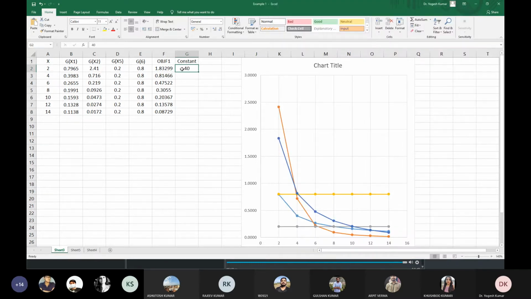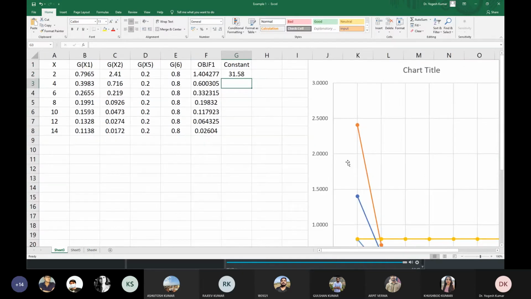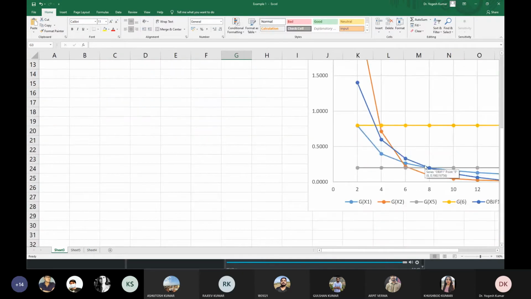Let me put it here. You can see the curve is exactly passing through this point C, which was represented as C in your original figure, which I have shown in the PDF. So this blue curve is now passing through point C.